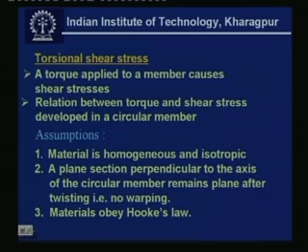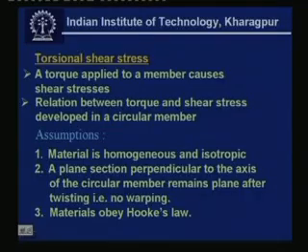Why circular member? Because there is nothing that says we should only learn the circular member, but now we are considering the circular member where the torque and the shear stress relationship we are going to determine.